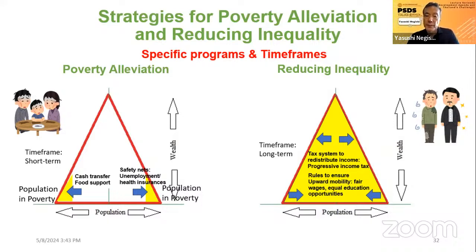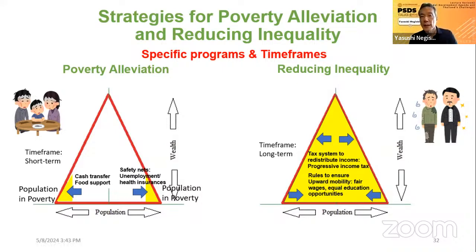And also for the lower part of the pyramid, government often sets rules to ensure upward mobility in this pyramid.